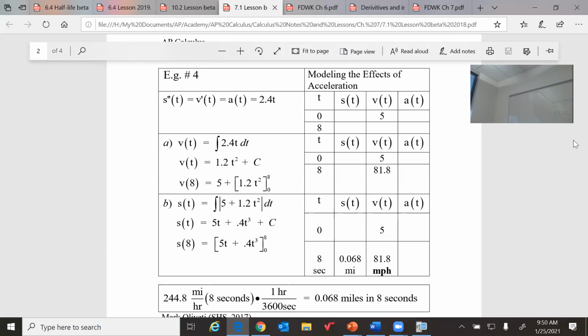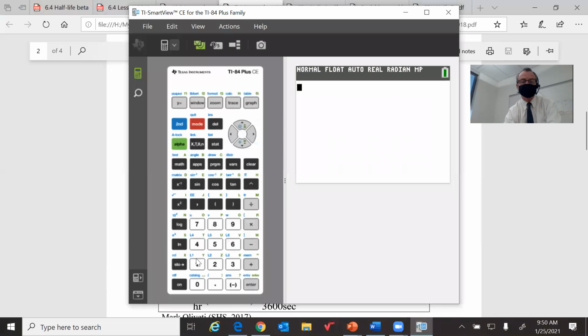And that would be the area of the curve, essentially this: 1.2 times 8 squared plus 5, subtract 1.2 times 0 squared plus the constant, which was a 5.